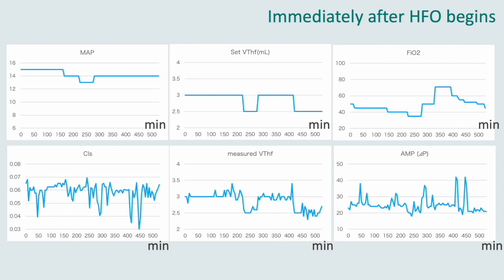The MAP was lowered based on the judgment that the patient's ventilatory condition was improving. The tidal volume was also lowered, resulting in a drop in SpO2. After that, the oxygen level, MAP, and tidal volume were increased again. To help understand the situation, instead of having one graph for each parameter, I made the following graph showing MAP, amplitude, and tidal volume together.